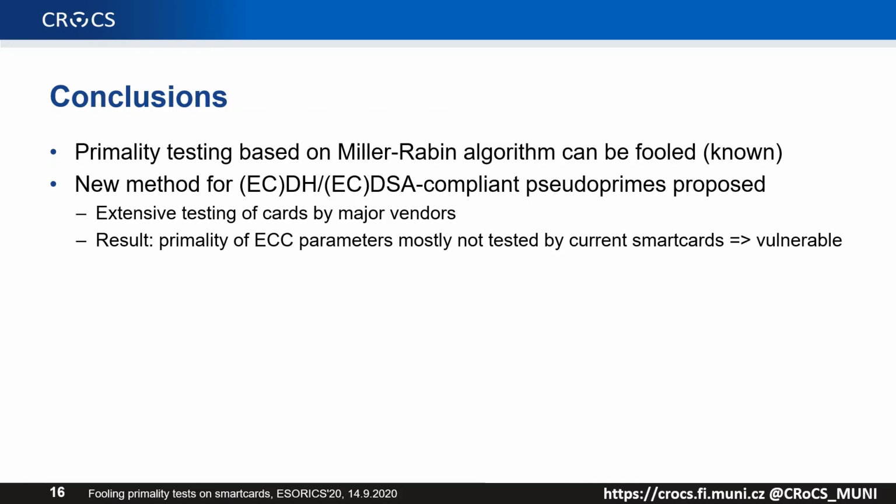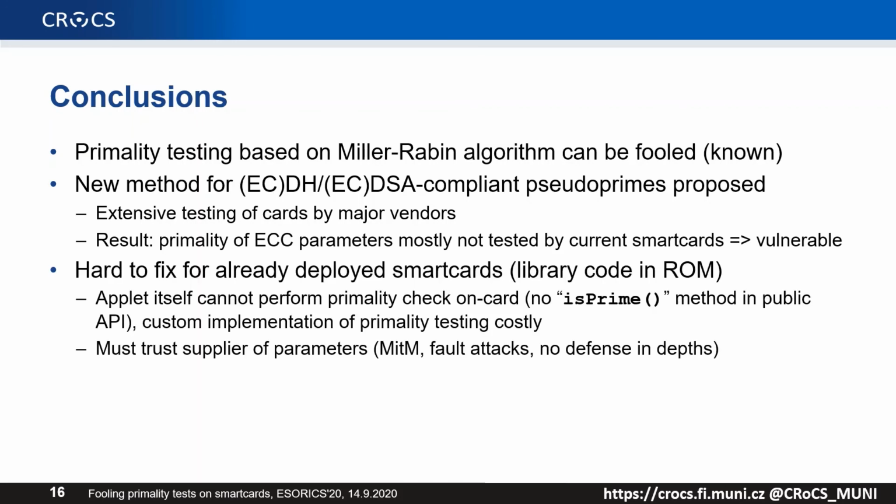You need to do it via some intermediate functionality, in our case, setting the domain parameters for, say, elliptic curve Diffie-Hellman, and this requires a bunch of different domain parameters to be consistent. And the result on current smart cards is that it's mostly not used, and as a result, the cards are vulnerable to this kind of attack.